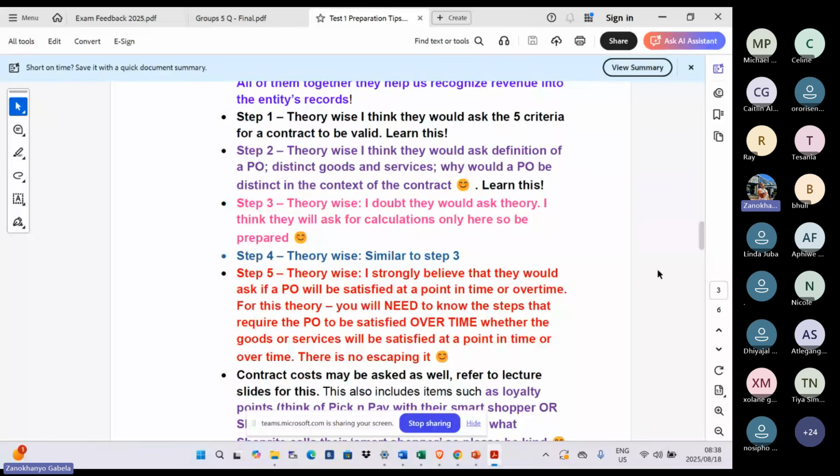So you need to think of yourself as the entity. Ask yourself, on which date did we actually perform the service to the client? On that date, that's the only date you can recognize revenue. Any other date before that, you have no business recognizing revenue.